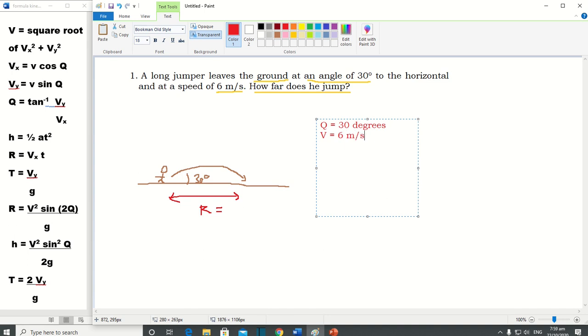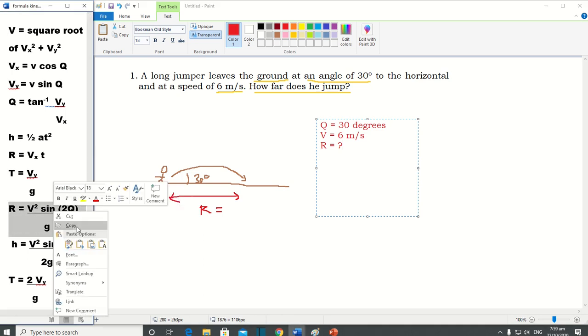And then, hinahanap natin is range. Ito yung wala natin. So ngayon, ano yung mga pwedeng formulang gamitin natin para mahanap yung range? So basically, mukhang pwede natin gamitin to sa given. Ito. Copy na lang natin.